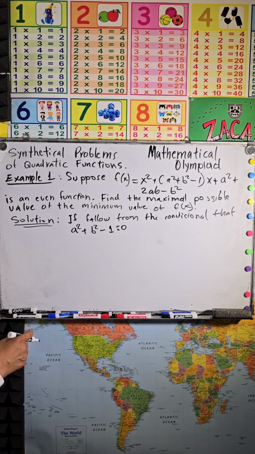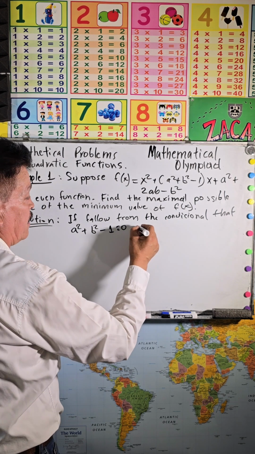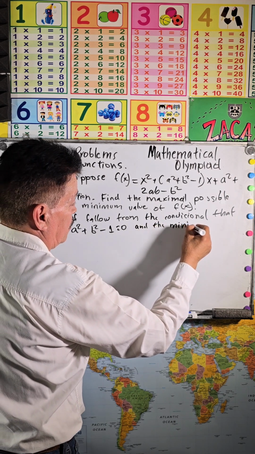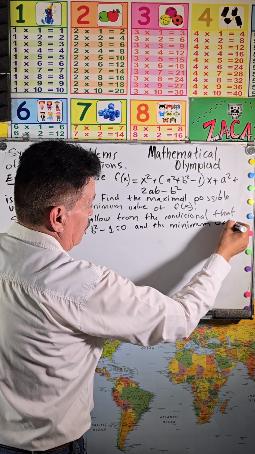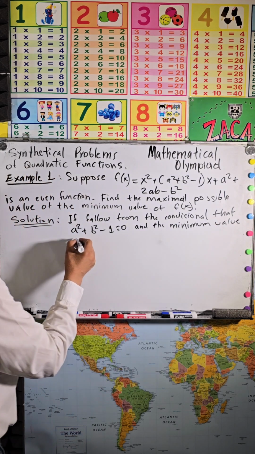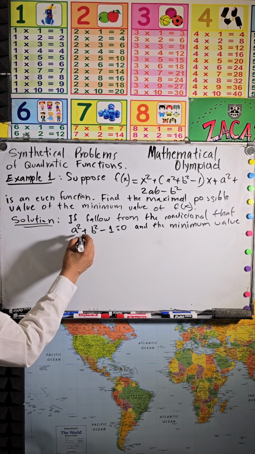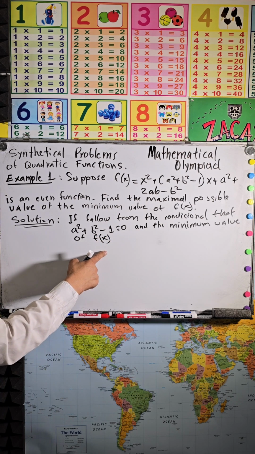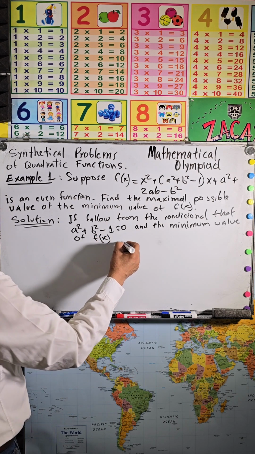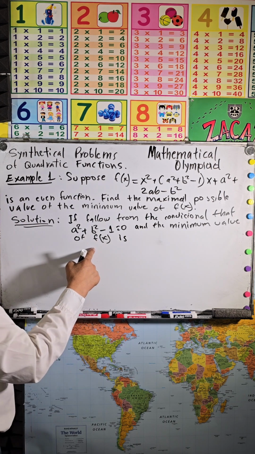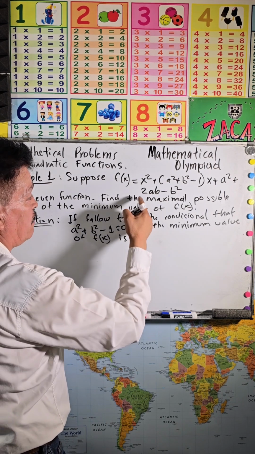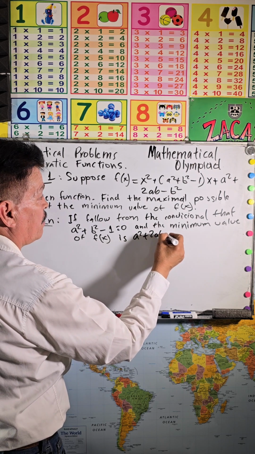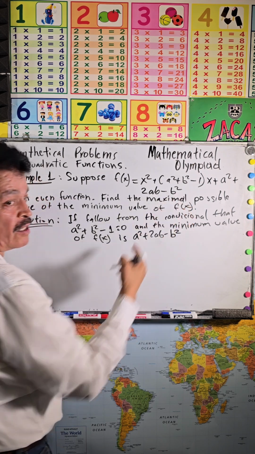So thinking about that, and the minimum value of f(x), we then have to write a squared plus 2ab minus b squared, that one.